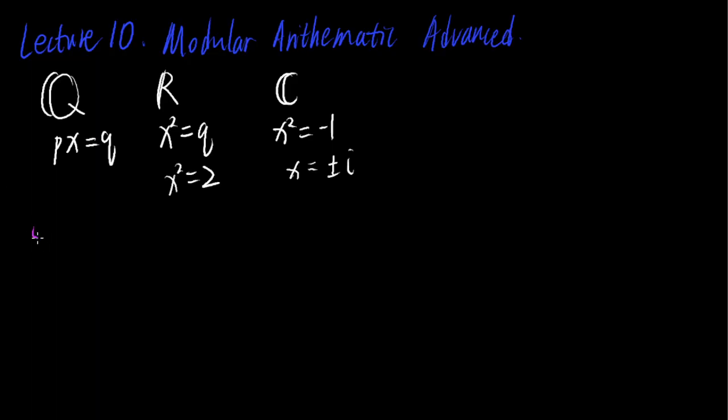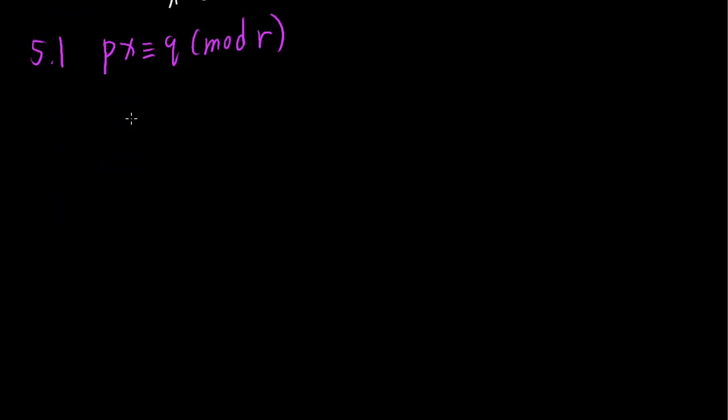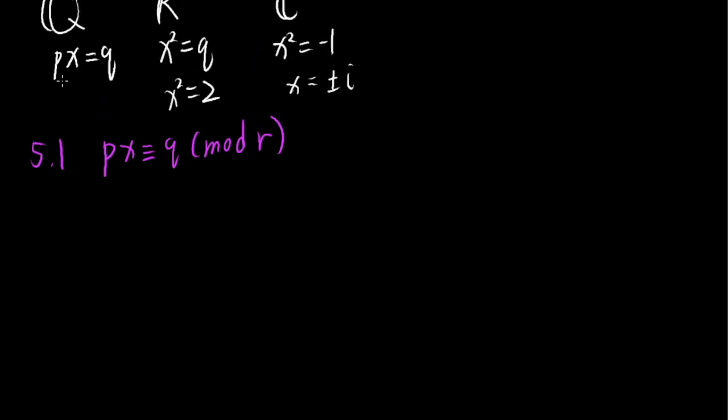Let's talk about the first one. If we encounter a modular arithmetic equation, for example, px is congruent to q mod r, what can we do about this? We've talked about this many times. We typically multiply by the reciprocal of p.